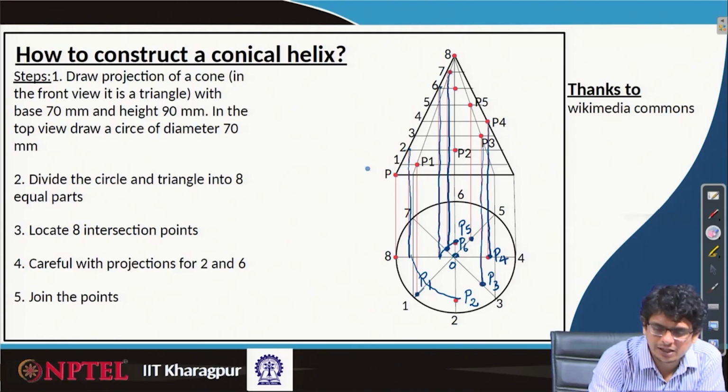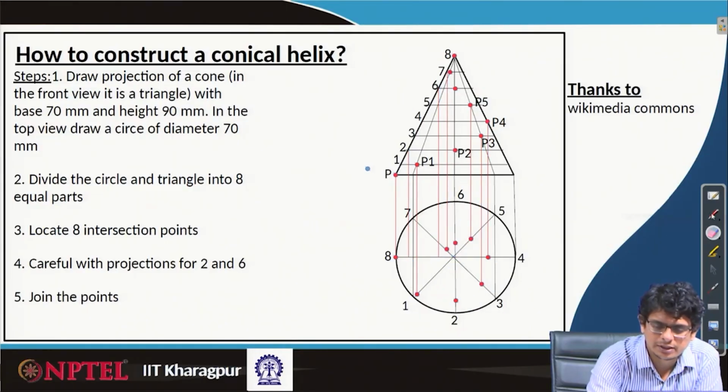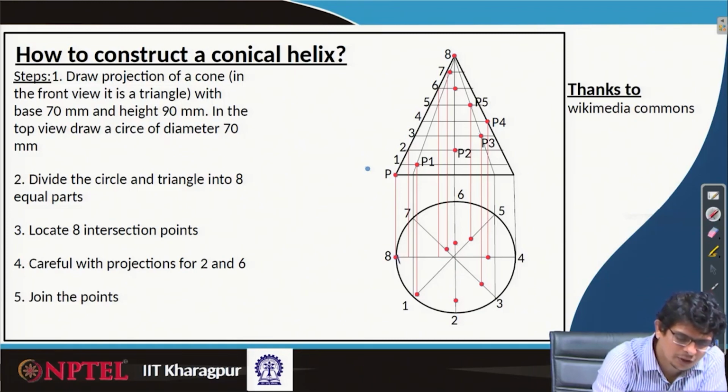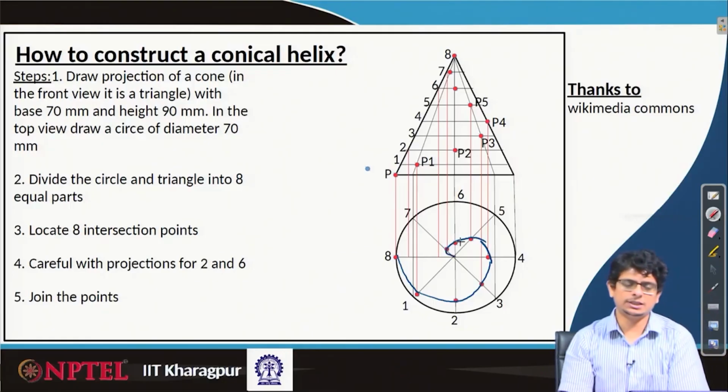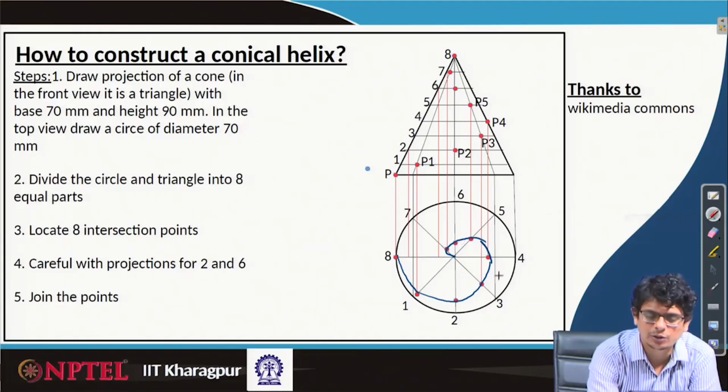In that way we will construct points P1, P2, P3 in the bottom view also. Then draw a line passing through these points. This is the way the conical helix looks from the top view.